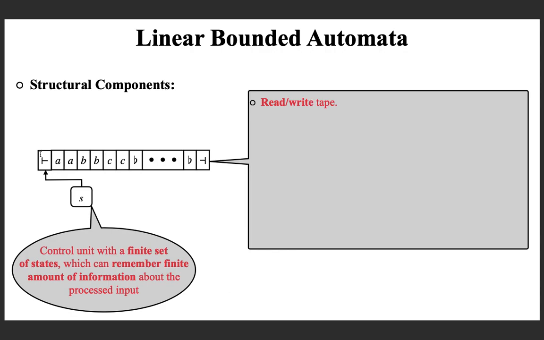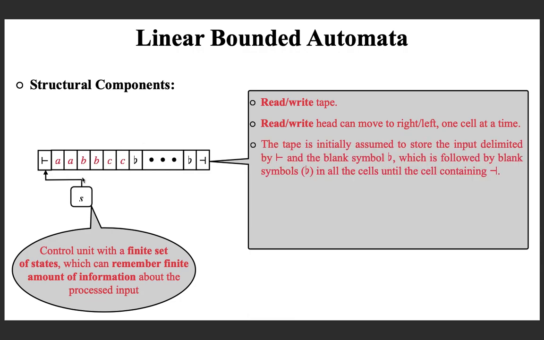You can read or write symbols. The semantics for transitions demand you to replace the current symbol. If you want to retain it, you can replace it with the same symbol. And the read write head can move left or right.